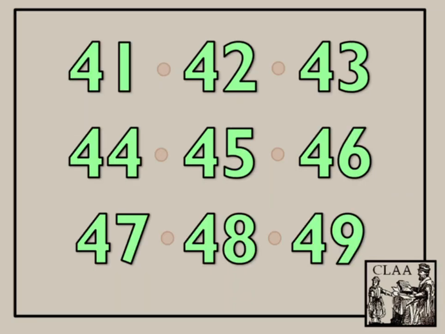To count from the number 40, we simply add the number of units. Let's count these numbers together. Point to the number 41.